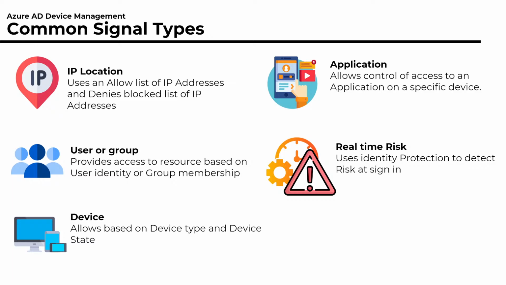Is it from the laptop, or the tablet, or the mobile phone? So based on the request's device type, I will allow or deny the access to the resources or to the users of the application.